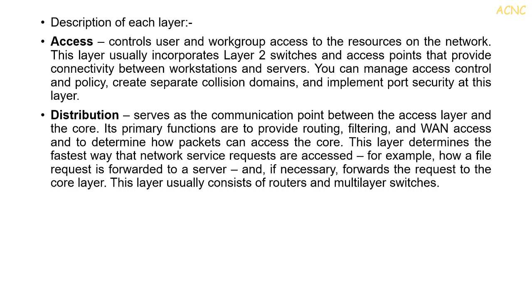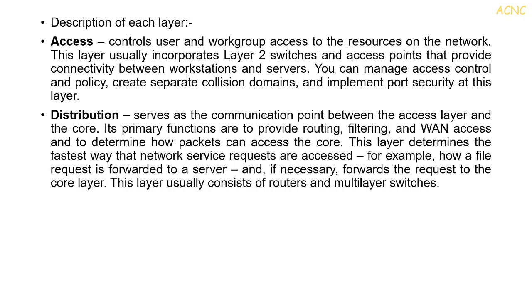Distribution layer serves as a communication point between the access layer and the core. That means the distribution is the middle point of these two other layers. Its primary functions are to provide routing, filtering, and WAN access, wide area network access, and to determine how packets can access the core.